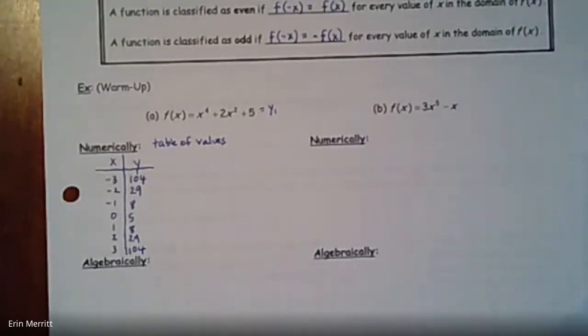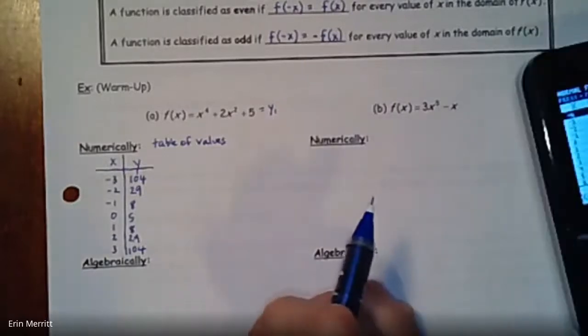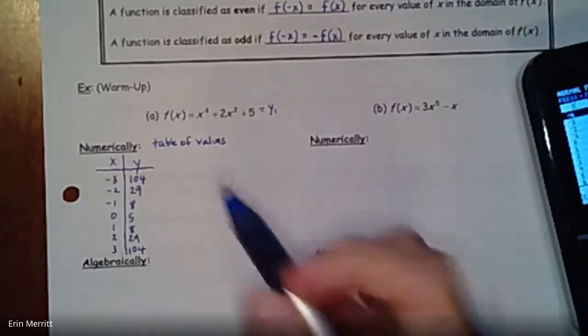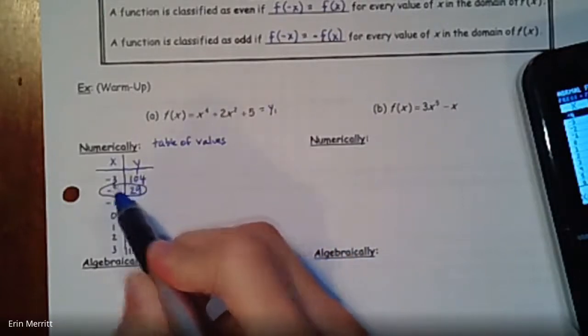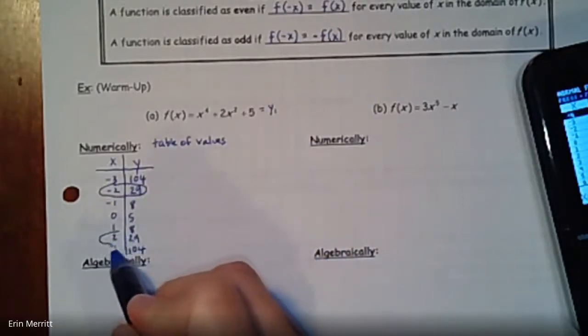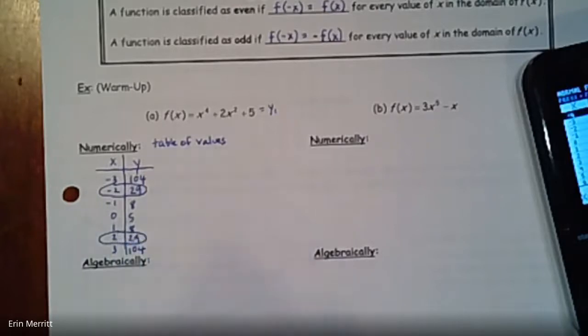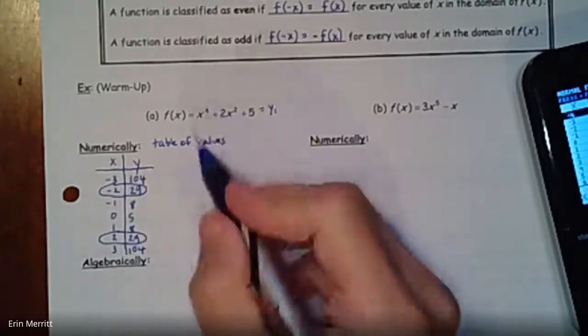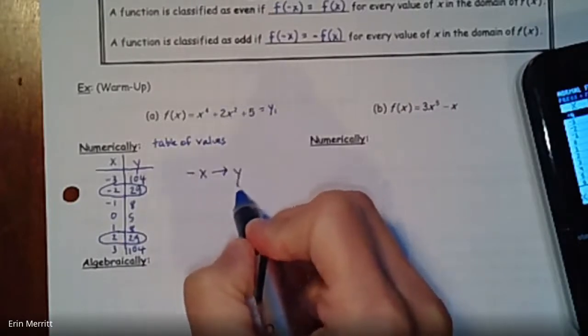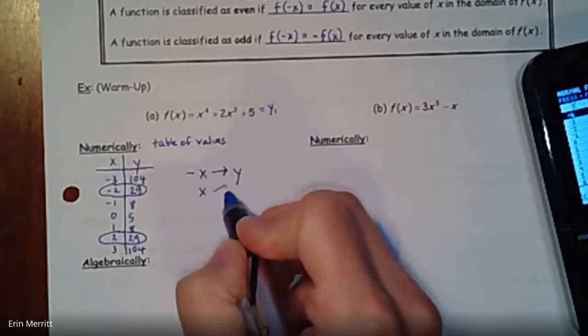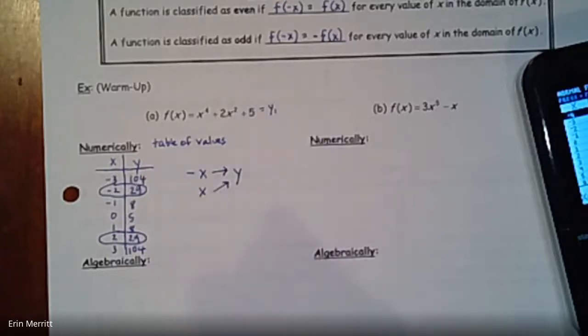What I want you to look at is that if we look at, let's say, -2, it comes out to be +29. If I look at +2, it also comes out to be 29. So what that means is for negative x, I get a y, and for positive x, I get the same y. Right?